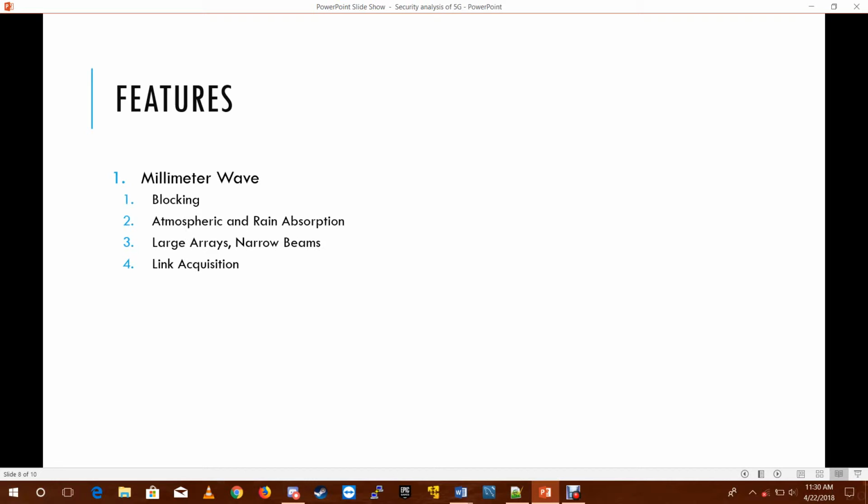These are the features that 5G is going to offer, like massive MIMO and millimeter wave, and in millimeter wave there are also features which are improved compared to other cellular networks: blocking, atmospheric and rain absorption, large array, narrowbands, link acquisition.